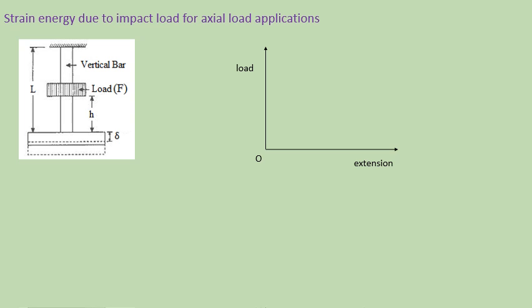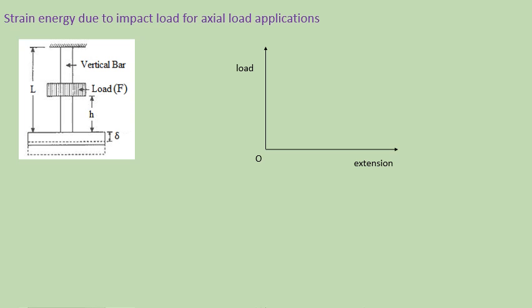Let the weight W be dropped from height h onto the collar at the lower end of the rod as shown in the figure. When the weight is dropped on the collar, it will produce a maximum instantaneous extension delta in the rod, and therefore we can say that work has been done. So this work is stored in the form of strain energy.